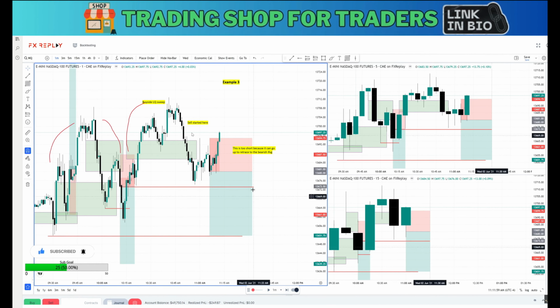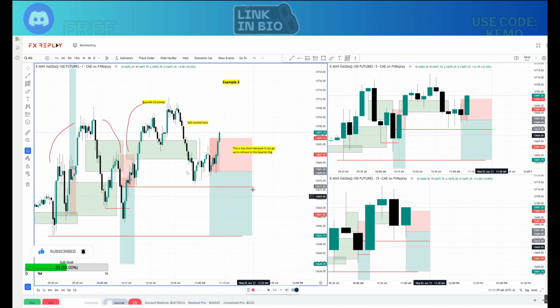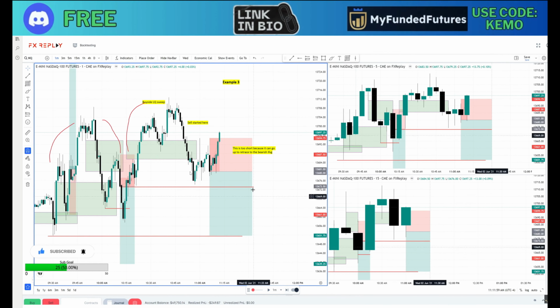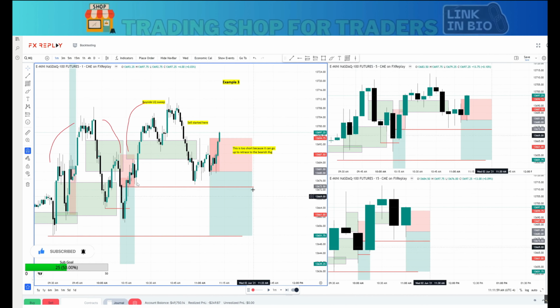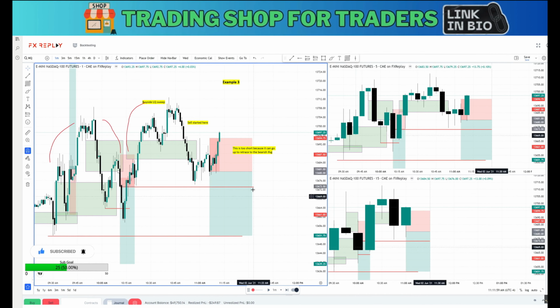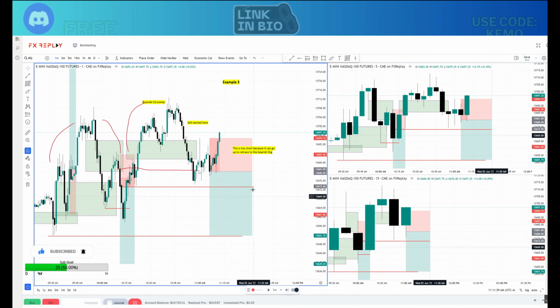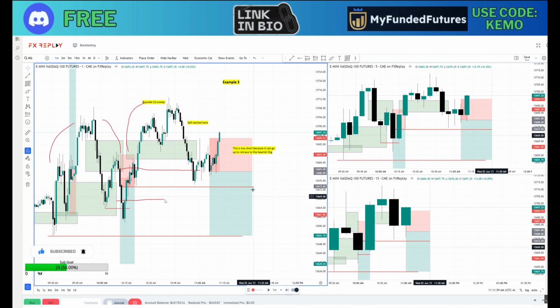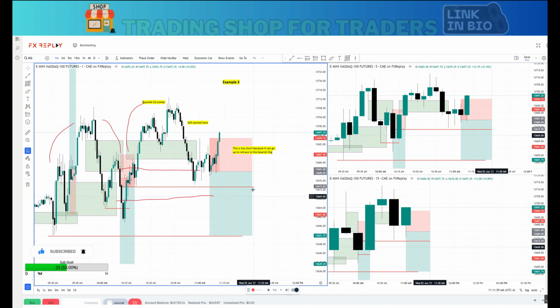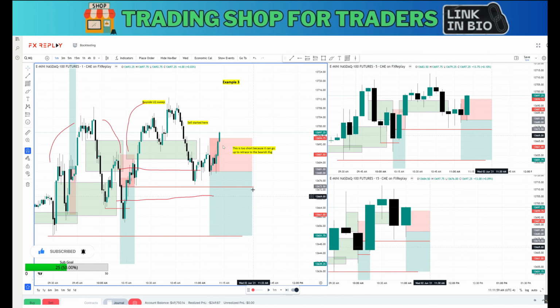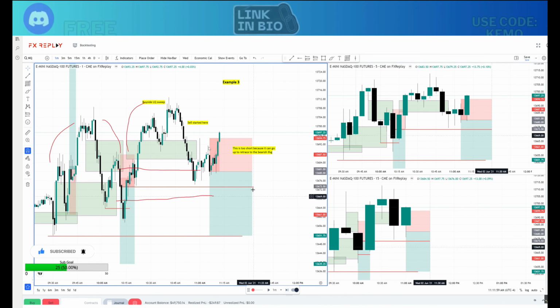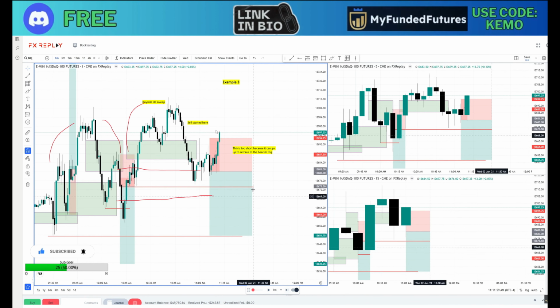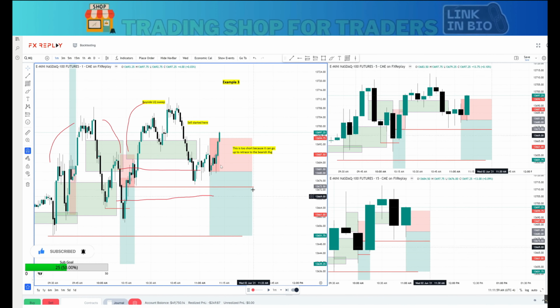But I'm pretty sure there might be an SMT on this low or something. Anyway, we started to react from this IFVG to the left right here and started sending the price higher. This is a risky trade and a risky place to take a short from.